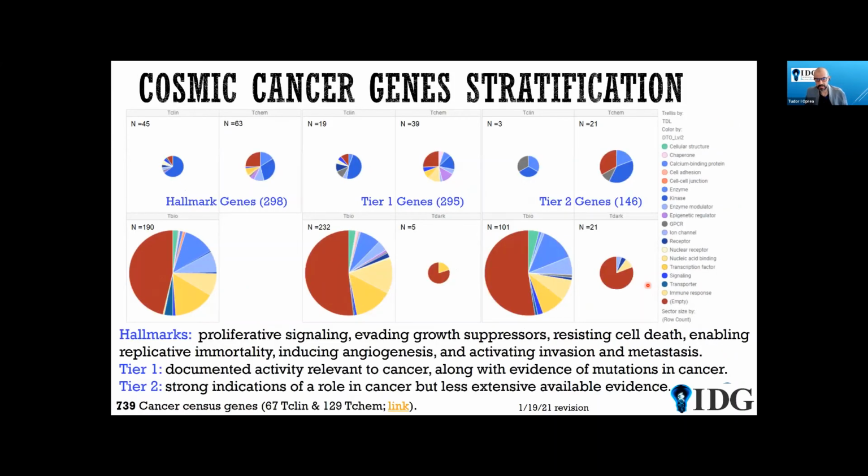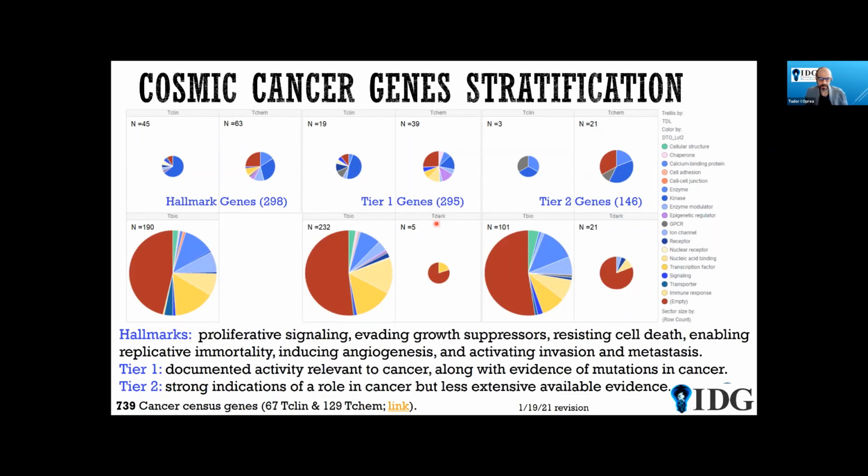And Ian has already mentioned the Cosmic Cancer Gene Census. Version 92, which was released in January, has 739 genes. These are categorized in 3 categories: Hallmark, cancer tier 1, and tier 2. Tier 1 also includes the Hallmark genes. And of course, tier 1, which includes Hallmark, is related to the strict evidence.